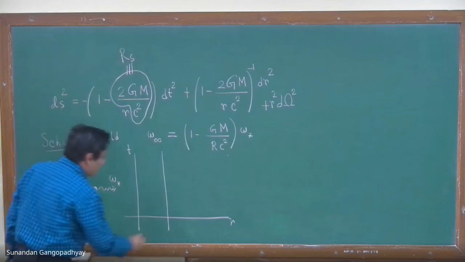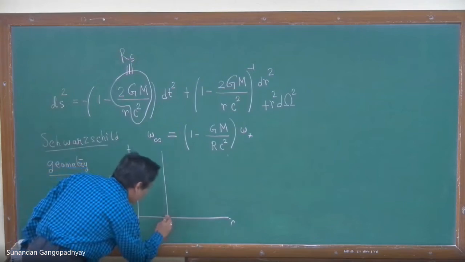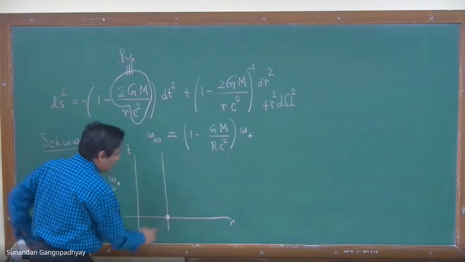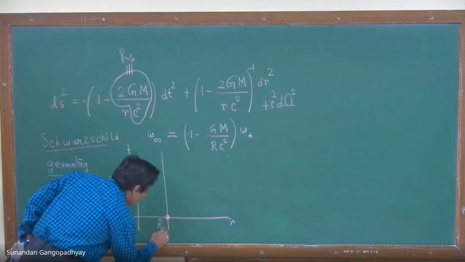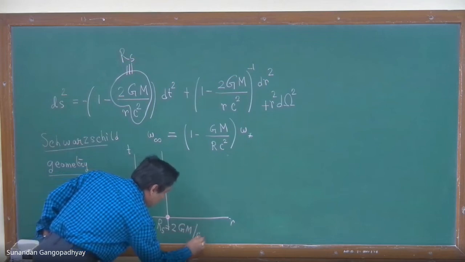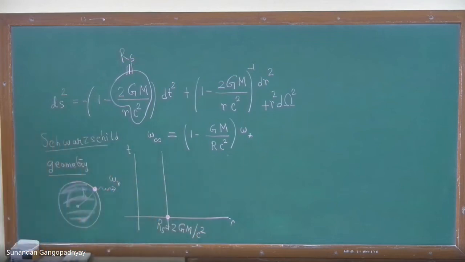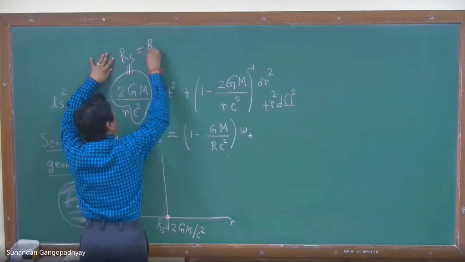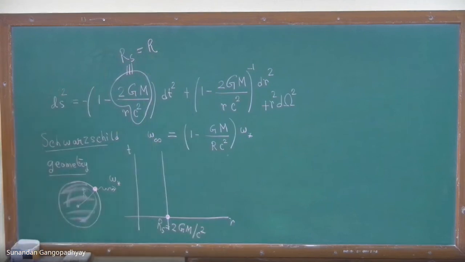Okay, and suppose here you have some observer, a stationary observer situated at this radius. And I will say that the radius of my star is equal to this.